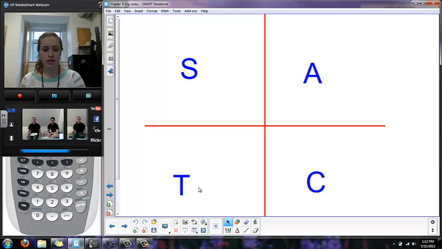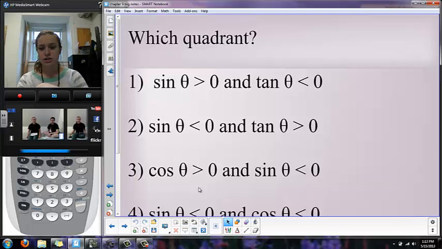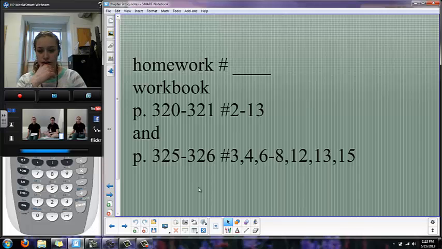So it's kind of alphabetical, so that's not too bad to remember. All students take calculus, so we know that all of the functions, sine, cosine, and tangent, are positive in the first quadrant. Only sine is positive in the second, only tangent is positive in the third, and only cosine is positive in the fourth. It seems to me like you already knew that, you already learned it, so that's pretty good. These questions are really easy. You seem to be pretty good at them.